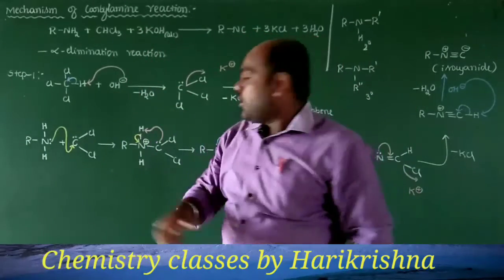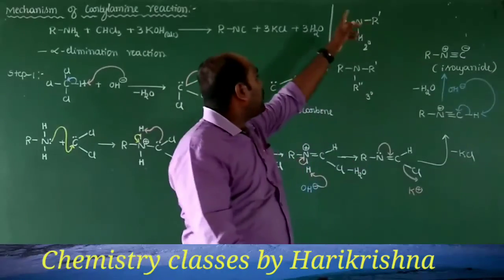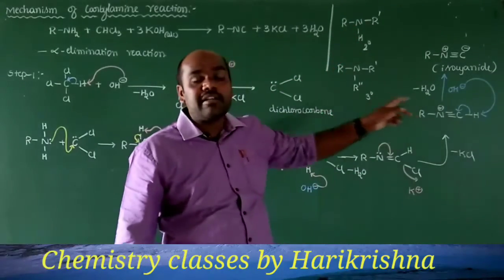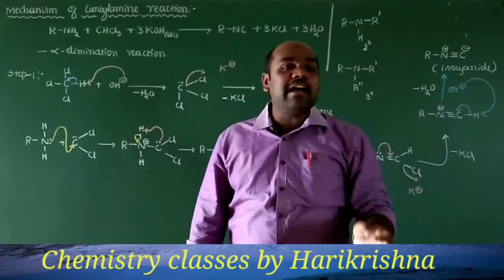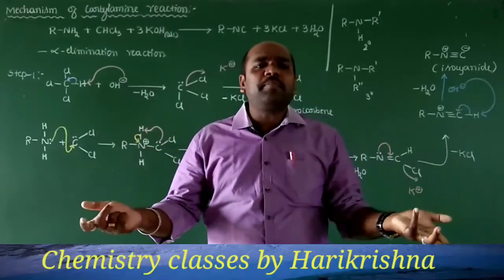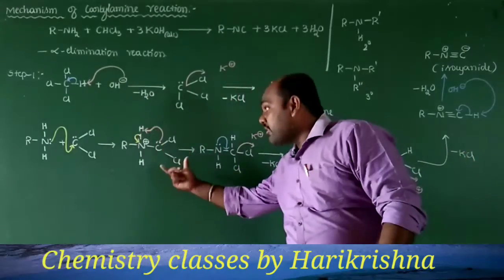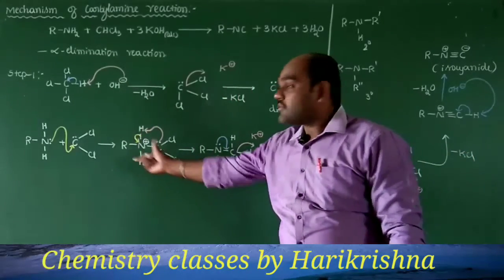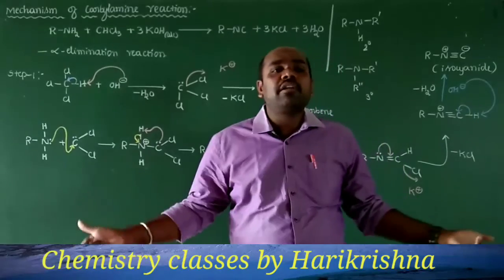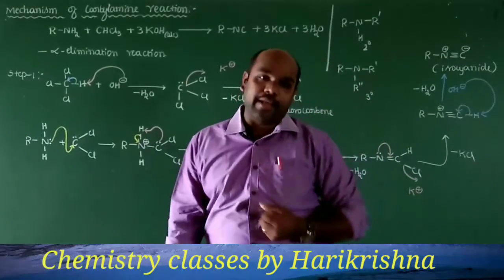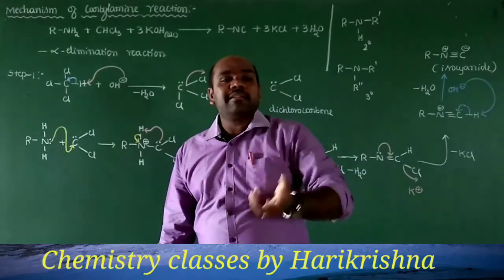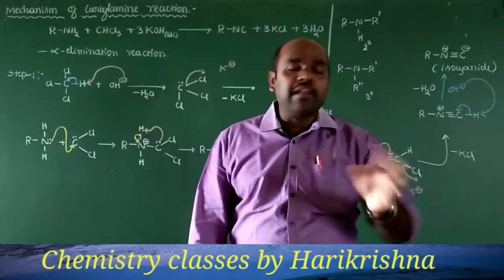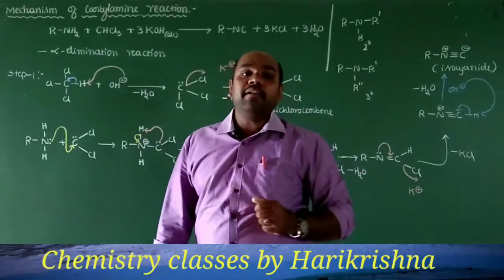Both the inner salts that are produced from secondary and tertiary amines are sterically highly unstable, and the unstable reactive intermediates that we get in a reaction system will not lead to the formation of products. That is the reason why secondary and tertiary amines will not give an answer for the carbylamine reaction.